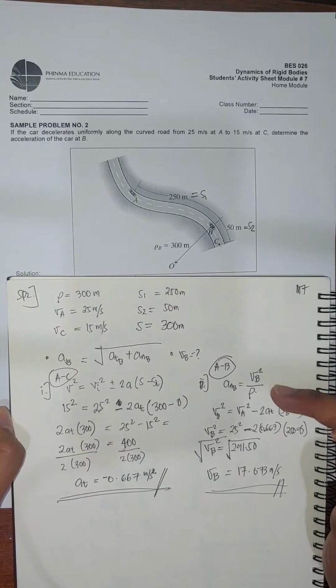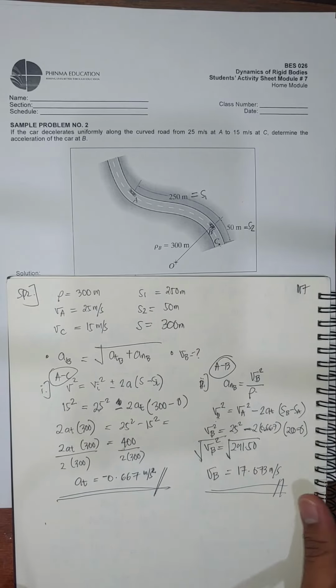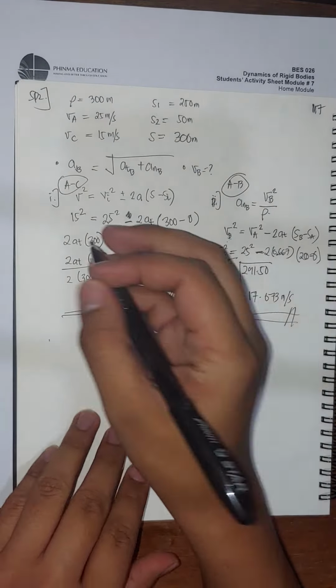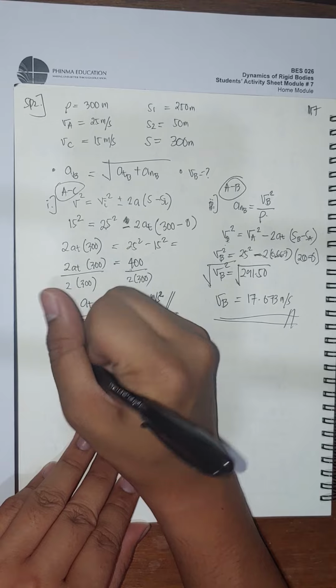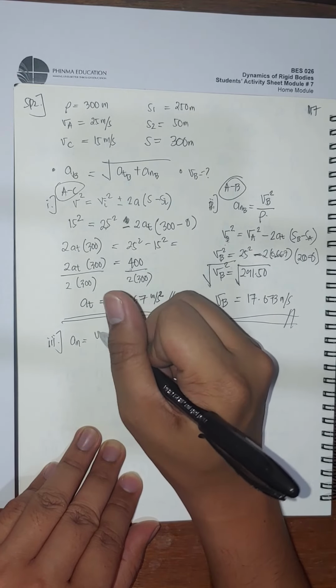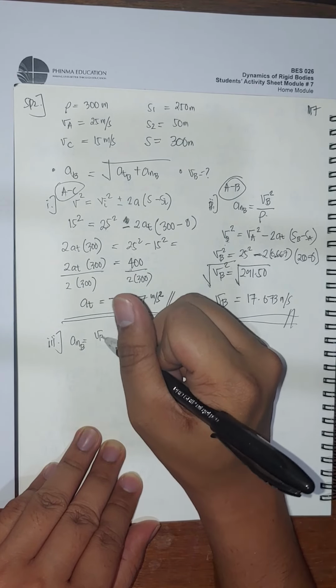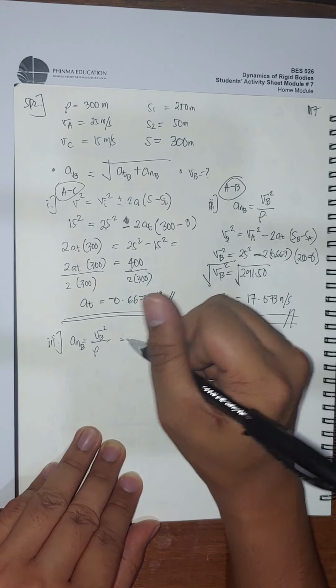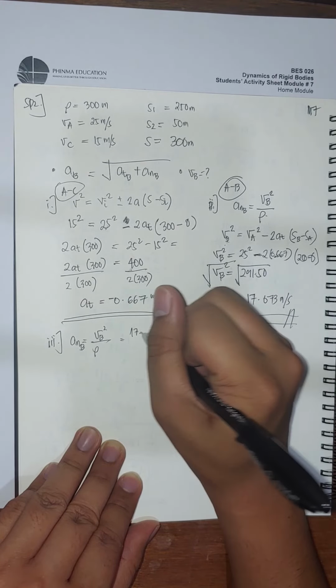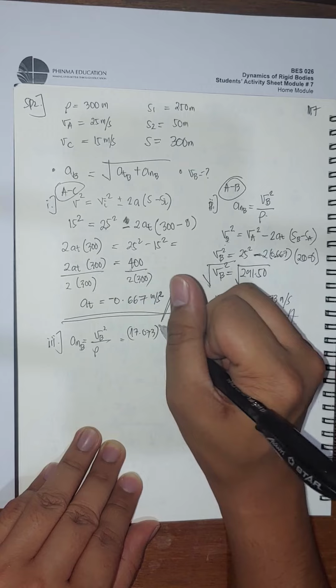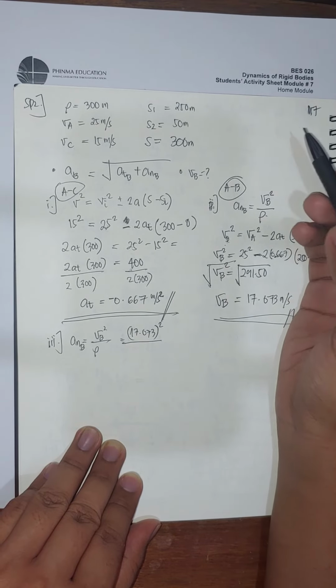Then we can solve for the normal acceleration. The normal acceleration a_n at B is equal to V_B squared over rho. Substituting, 17.073 squared over rho. What is again our radius? Our radius is 300 meters.